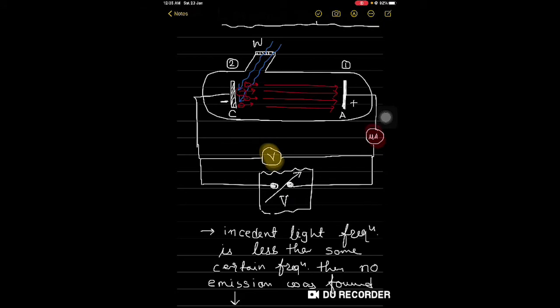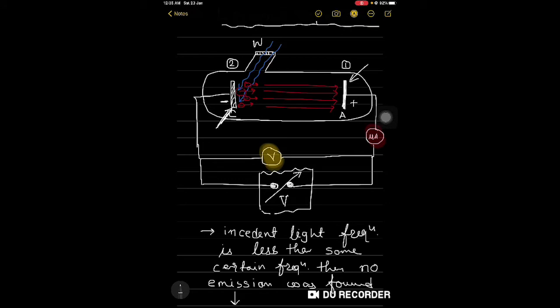This tube consists of an evacuated glass or quartz tube having a photosensitive plate C and another metal plate A. So here two portions are visible: C, that is given here, is a photosensitive plate, and another plate, A, is a metallic plate as given.